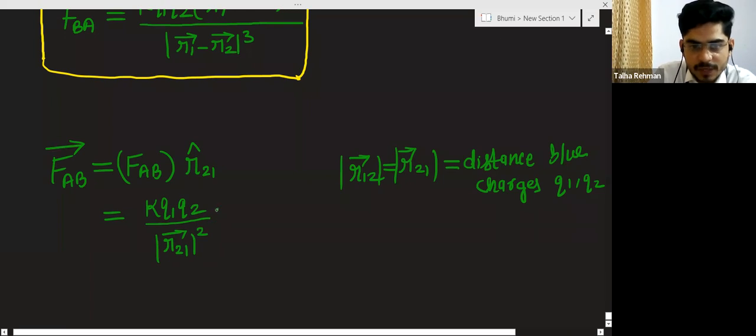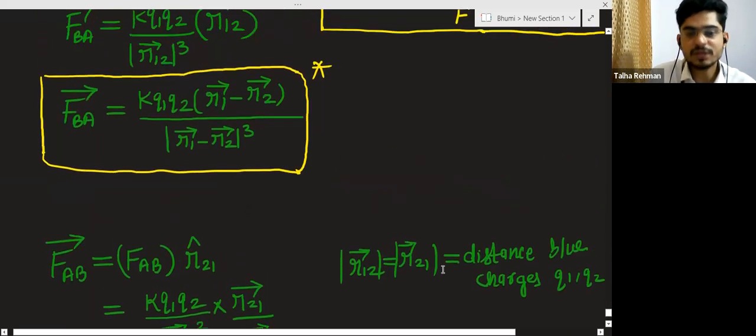And now we will multiply. I have multiplied with this also. So for this I can write the R21 vector. Instead of this unit vector, I can write the R21 vector over the magnitude of R21. We have done this actually.